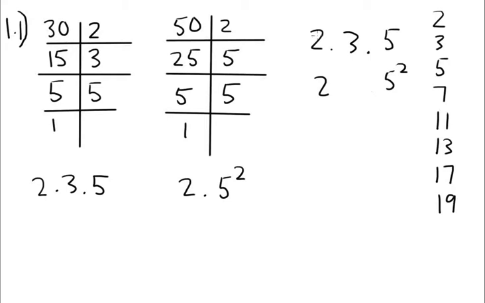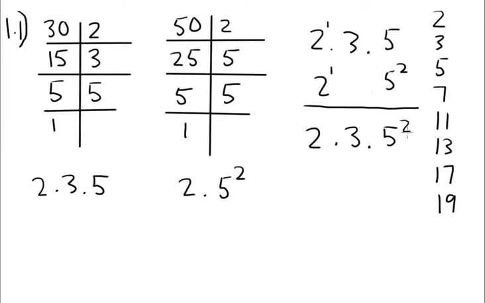The way this works for the lowest common multiple is that your answer is going to include 2, because the highest power for 2 is just an invisible 1. And then there's a 3 there, so you've got to include the 3. And then here you've got 5 to the power of 2. So you've got to include the highest power.